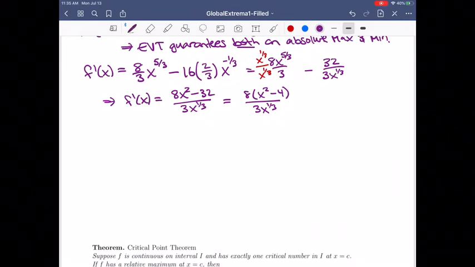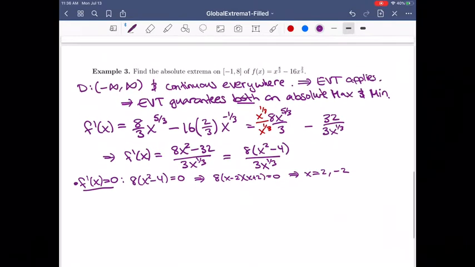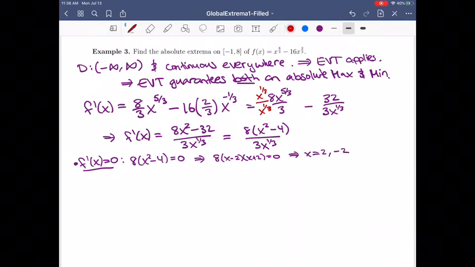Now I want to find its critical numbers. If f prime of x equals 0, that's when the top of my derivative is 0. This is a difference of squares, so x minus 2 times x plus 2 is equal to 0. I get x equals 2 and negative 2. Those are critical numbers. Now, my interval is from -1 to 8, so let's get rid of negative 2 because it's not in my interval.